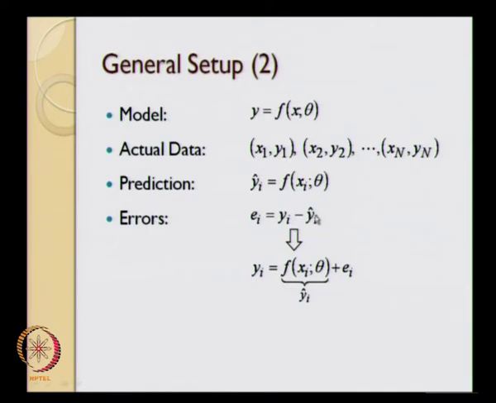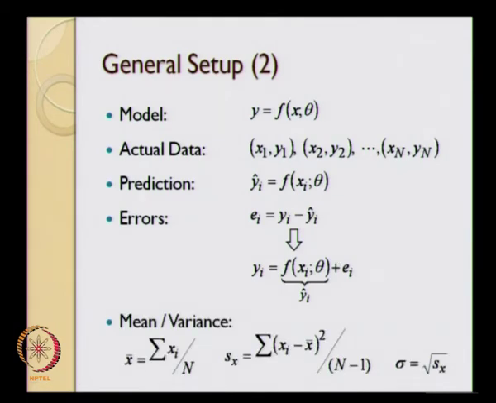We take yi hat onto the other side, and we get yi, which is the true value from the data, equal to f of xi comma theta, which is nothing but the model prediction of yi, plus the error between the true yi and the model prediction. Okay. And what we are interested in doing is finding methods that will minimize these errors.